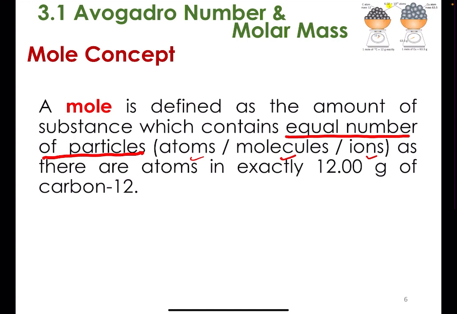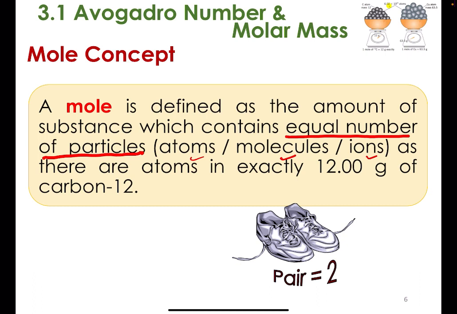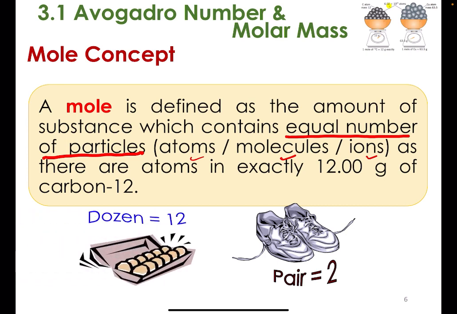So that is the definition of mole. And as I said before, for example one pair, we understand its counting unit value is 2 units. For example, a dozen is counting for 12 units.